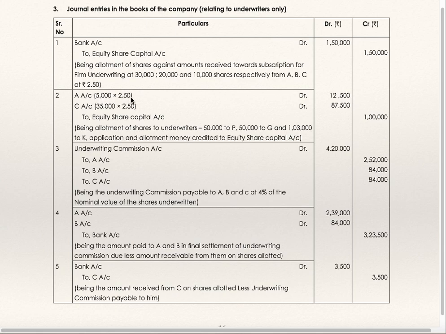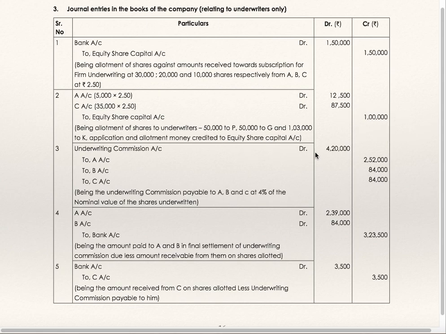A's account debit 5,000 into 2.5, C's account debit 35,000 into 2.5 to equity share capital. A's liability is 5,000 shares, which is not taken over by public. C's liability is 35,000 shares, not taken over by public. Total is 40,000. This we have seen. To share capital 1 lakh.